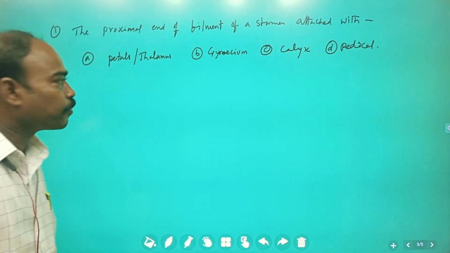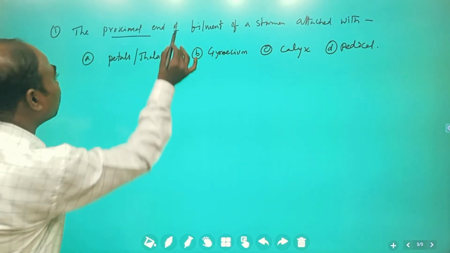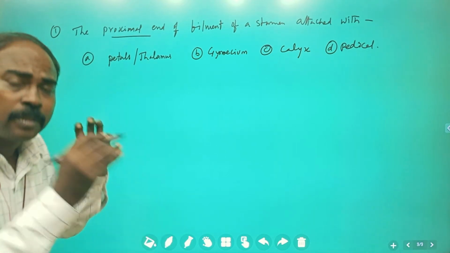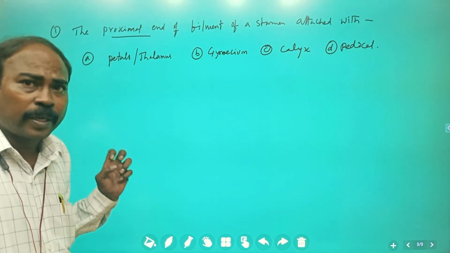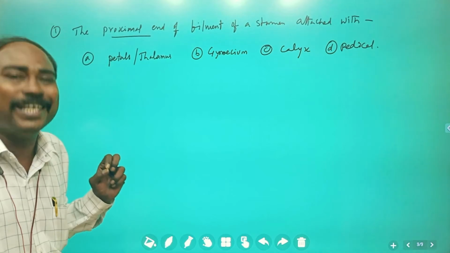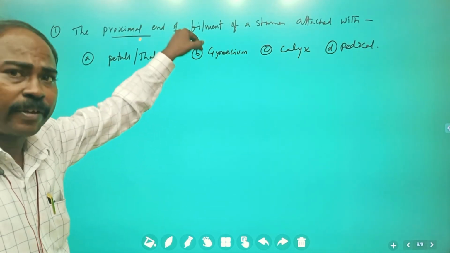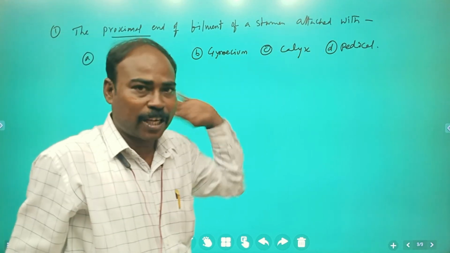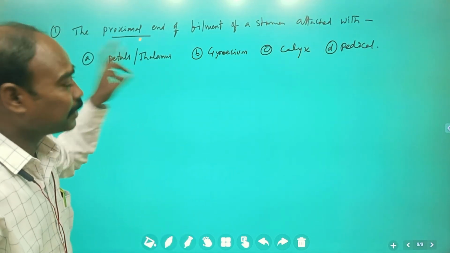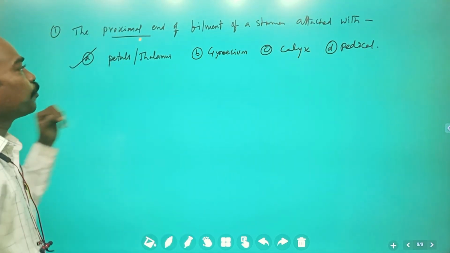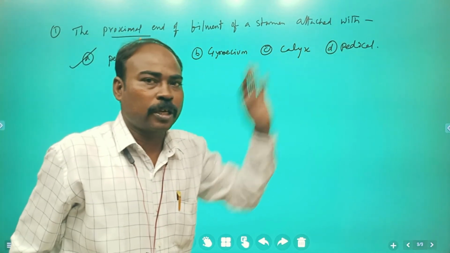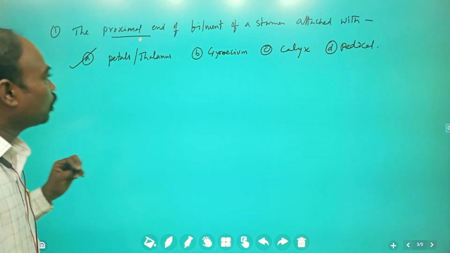This is the question. Proximal means near end. What is the near end? Base. The proximal end of the filament is attached with petals or thalamus. This is the correct answer. The other three options are given like this, right?